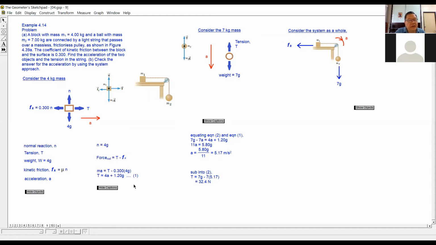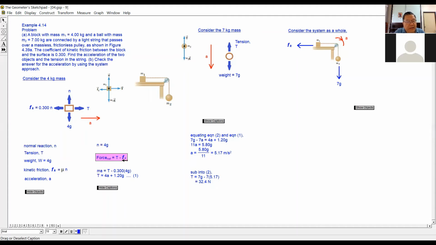Connecting the vertical and horizontal forces, considering the vertical component of the forces, the normal reaction N is equal to 4g. The second one is the net force. The net force is the bigger force minus the smaller one.